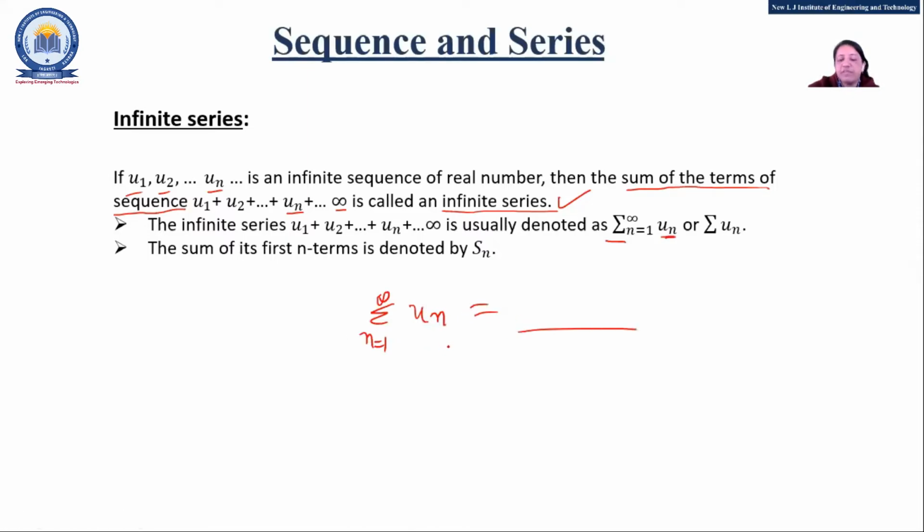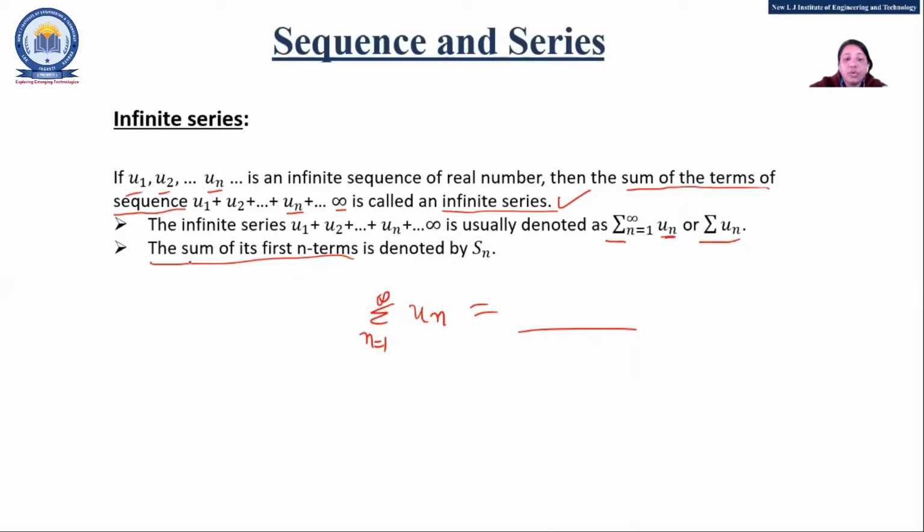Whatever the sum will be, that is nothing but your series. Either you can write it directly as sigma un, because it's infinite, or you can write the sum of the first n numbers. For example, the infinite series is there, but you will be asked to find the sum of the first 5 numbers.